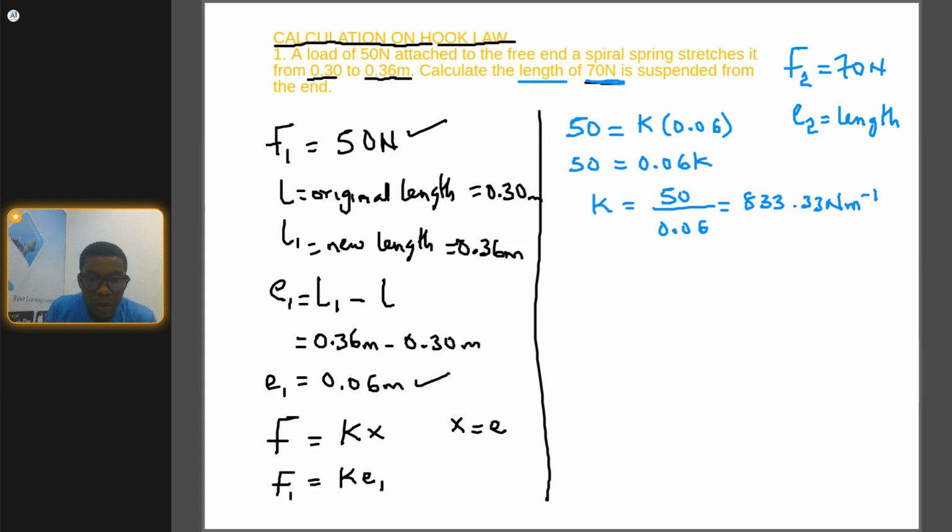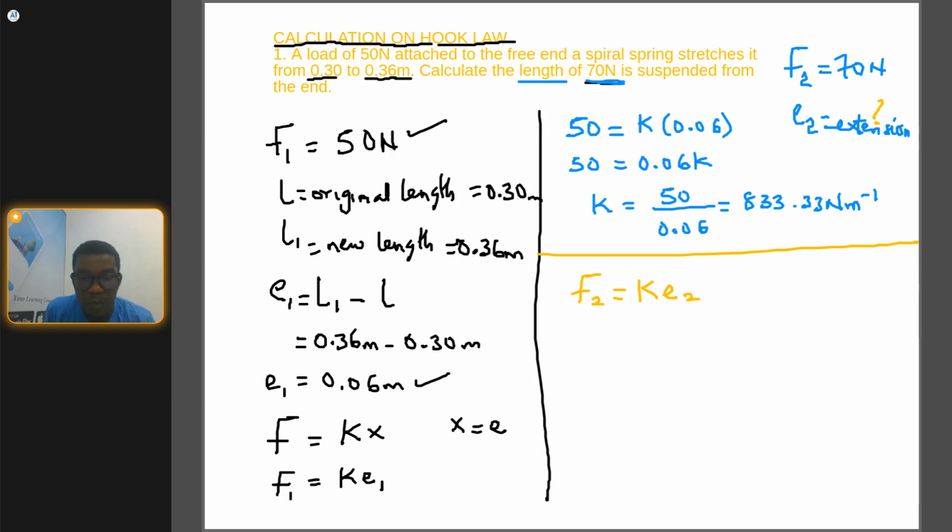So E2, which is representing the extension when we had 70 Newton. Let's solve that. We have gotten K already. The general formula: F2 equals KE2. But if I don't know the value of K, it is unknown.